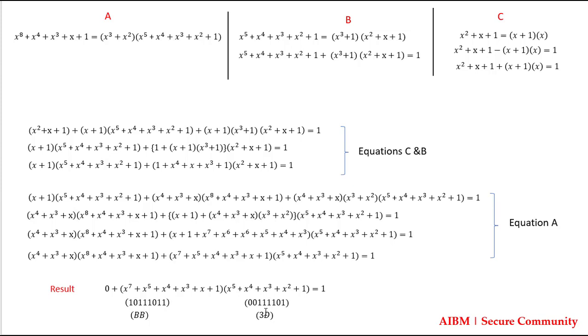So now we have the inversion value of 3D, which is BB. This BB we will use with the next operation, affine mapping.